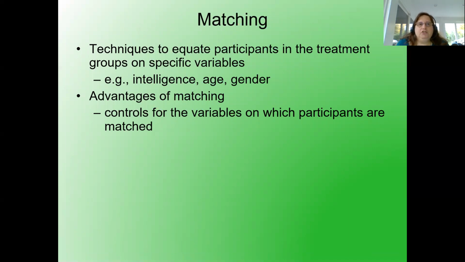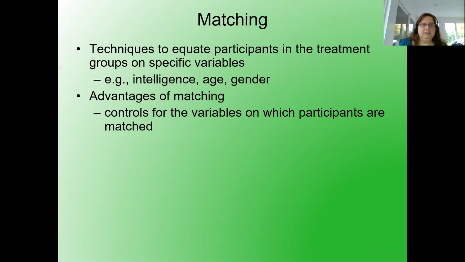Now, these are techniques to equate participants in the treatment groups on specific variables, such as intelligence, age, or gender. The advantages of matching is that it controls for the variables on which participants are matched. You typically want to do this with your extraneous or confounding variables, either just general extraneous or extraneous confounding variables.